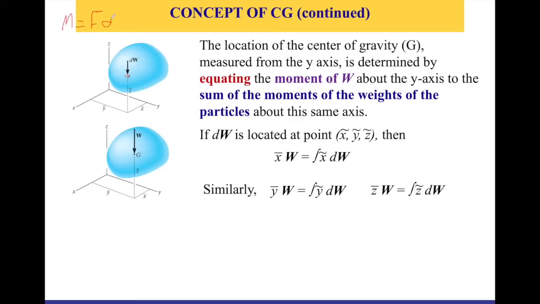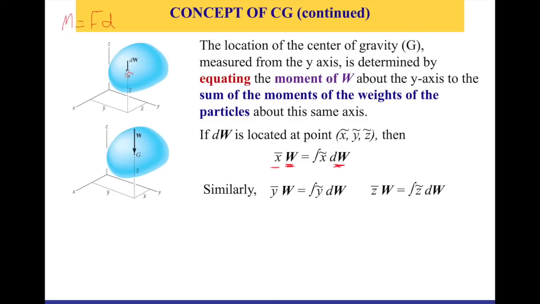force multiplied by the distance. So if I'm trying to locate the moment away from the x-axis, my force is the weight of the entire body, the total weight, multiplied by the distance from the axis. That is going to equal the summation of all the small weights, the small particles.